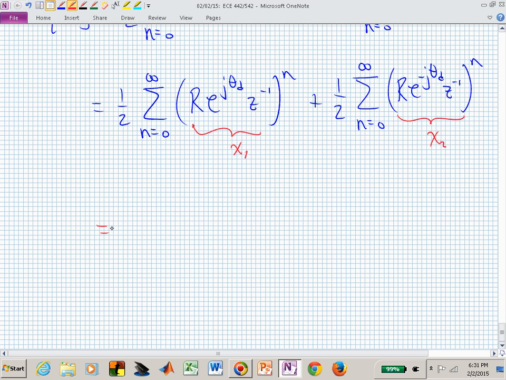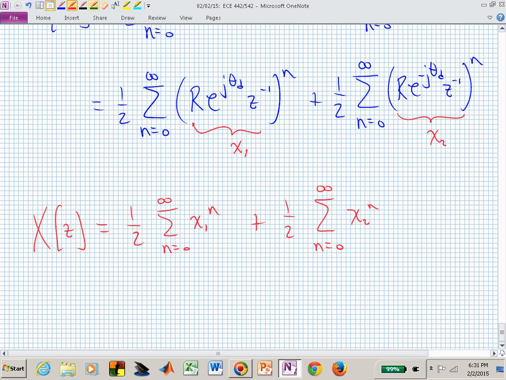So that now we have simply 1/2 sum of x1 to the n, n equals 0 to infinity, plus 1/2 sum of x sub 2 to the n, n equals 0 to infinity. And that's capital X of z.